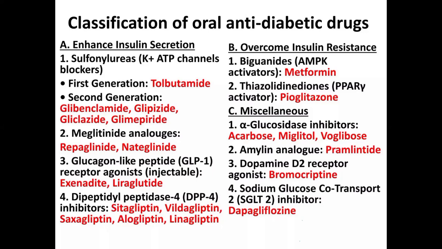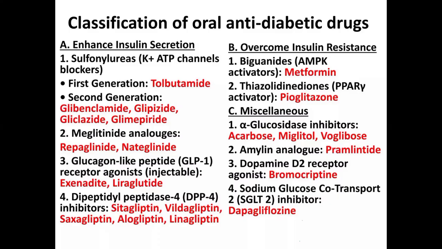Examples include exenatide, liraglutide. Then the next class is dipeptidyl peptidase 4, DPP4 inhibitors. Examples of DPP4 inhibitors include sitagliptin, vildagliptin, saxagliptin, alogliptin, linagliptin.